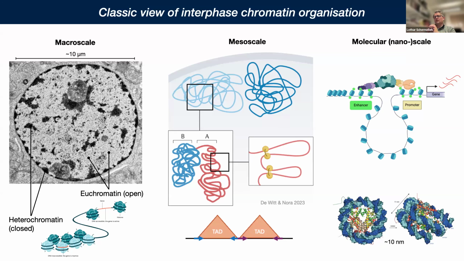A lot of what we know about the organization into domains has been derived nowadays from Hi-C techniques, genomics techniques that are based on analyzing large populations and generate interaction probability maps, and also A and B compartments of active and inactive chromatin, which pretty nicely fits into this dichotomy of euchromatin and heterochromatin.